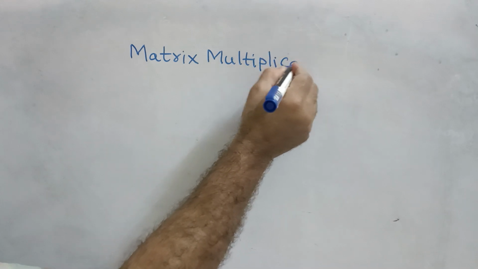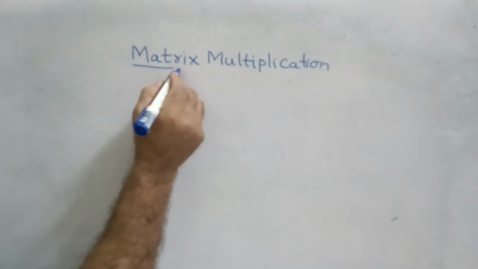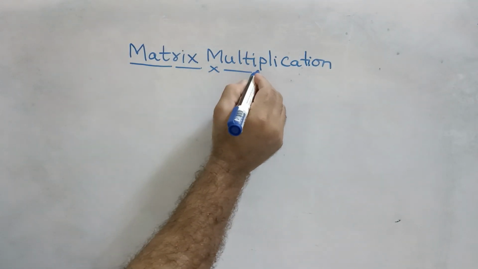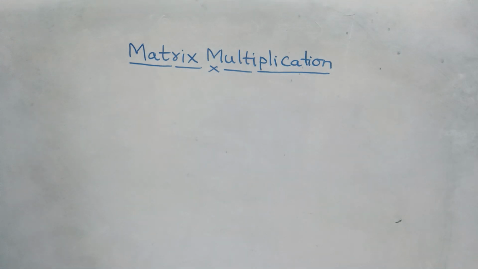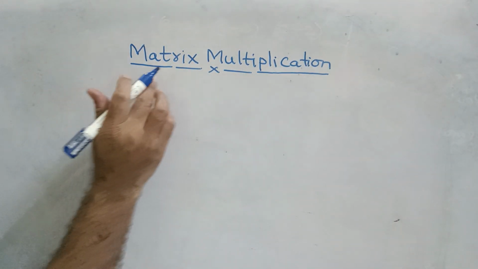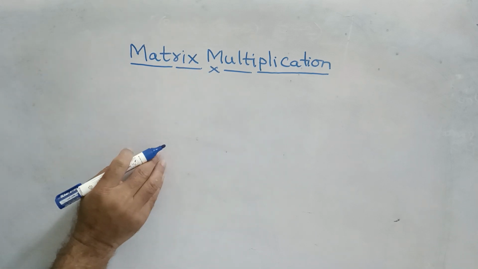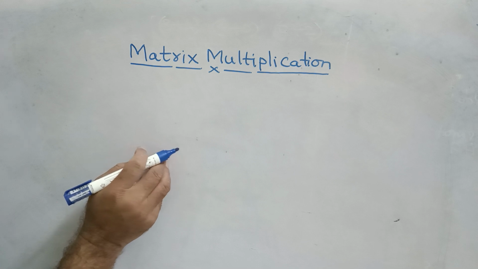This is very important, because in our previous examinations they have asked one question from this operation. It is one of the operations that is performed on the given matrices.